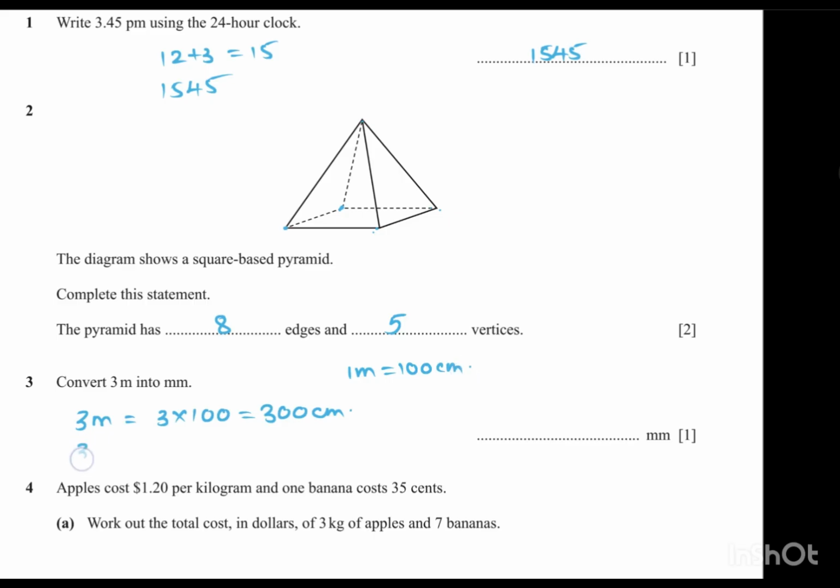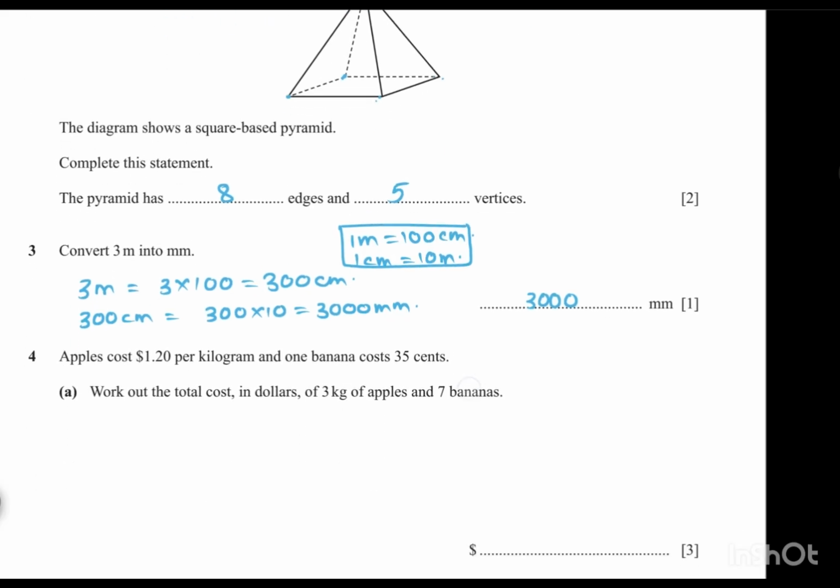Then 300 centimeters should be converted to millimeters. So I'll multiply 300 into 10, that is 3000 millimeters, because 1 centimeter is 10 millimeters. So these are the basic conversions you remember. If you remember directly 1 meter is how many millimeters, you can directly multiply with 1000. So the answer is 3000.